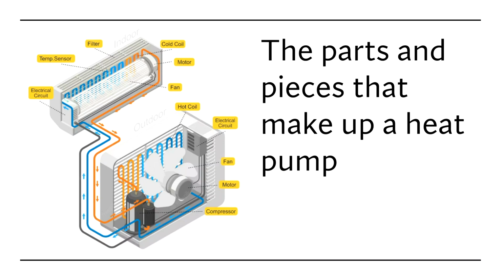And that runs into a darker orange, which goes down to the compressor, and then it becomes an even darker orange, leaving the compressor, and then out to the coil, and then rejects the heat out, and then turns back into a liquid. Okay, and those are the major components to this thing.